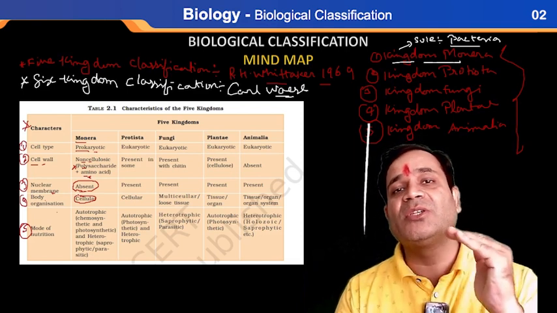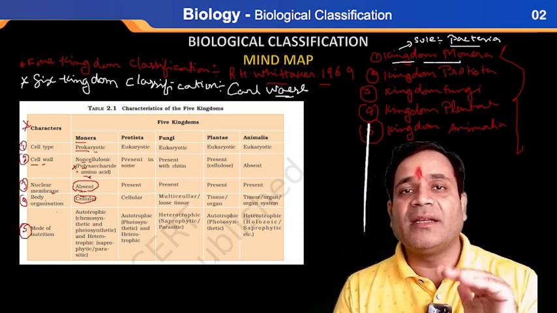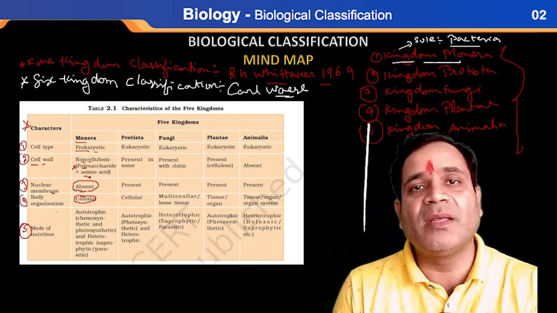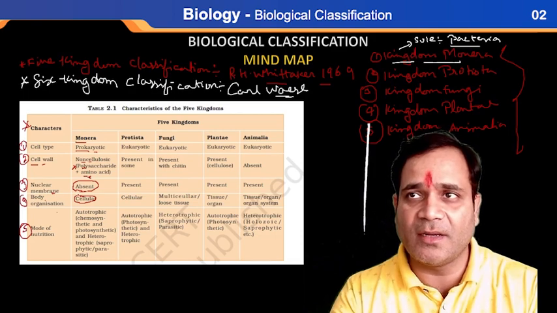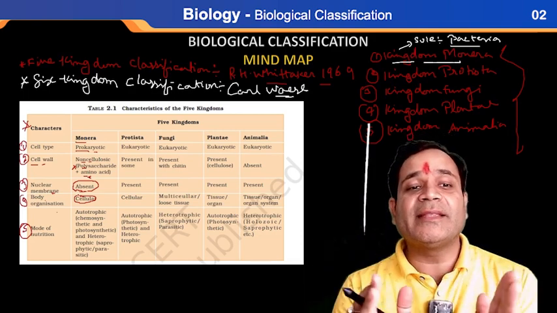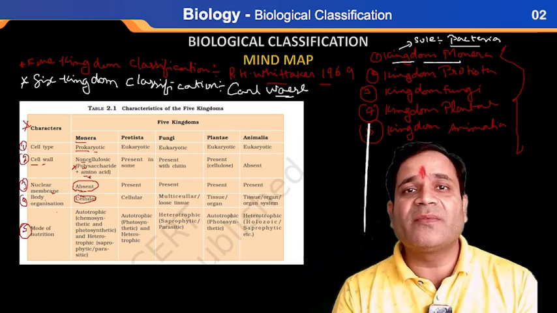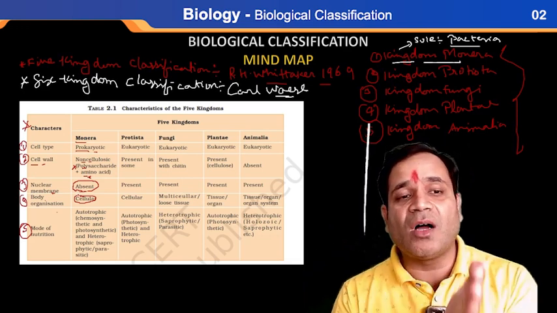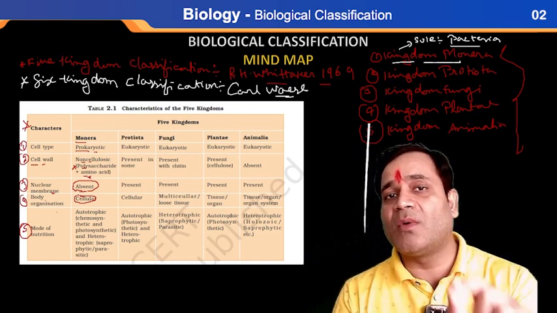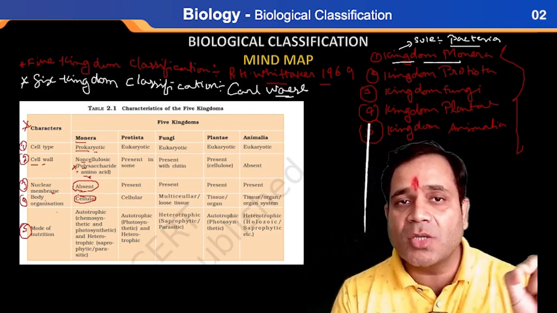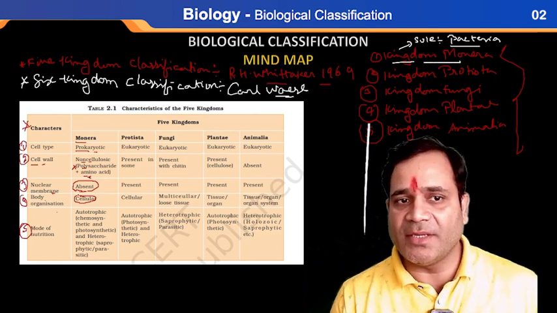Populations grouped together form a community, my dear. Communities grouped together form an ecosystem, and after that the ecosystem is further divided into the biosphere, my dear. This is what we must keep in mind. So whenever I classify any organism, only the kingdom Monera, that is bacteria, belongs to the cellular level of organization, right?